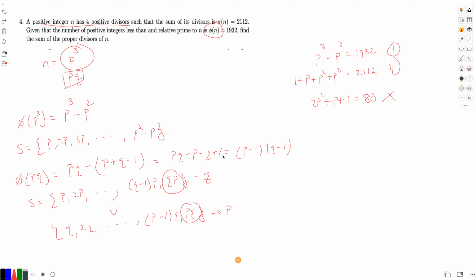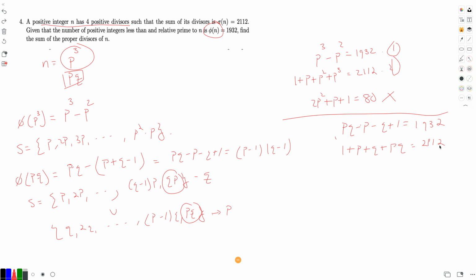Okay, so we have the number of relatively prime, and I like expanding this a little better: pq minus p minus q plus 1. This is the number of relatively prime, and it is 1932. And the sum, well, we have 1, p, q, and pq, and this is equal to 2112.